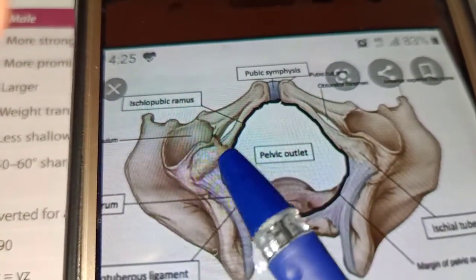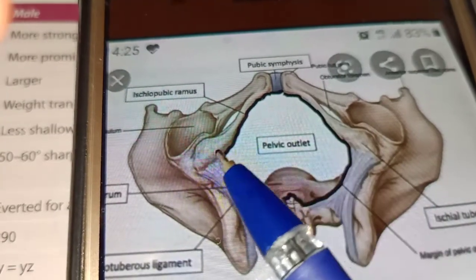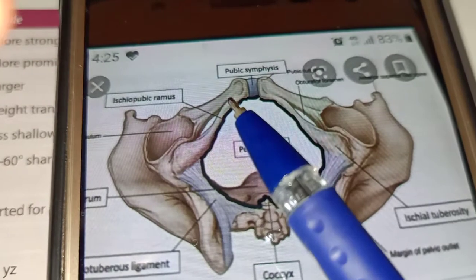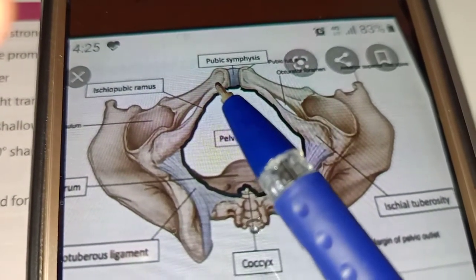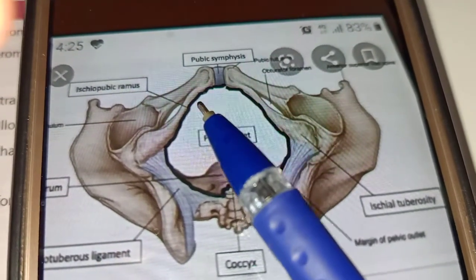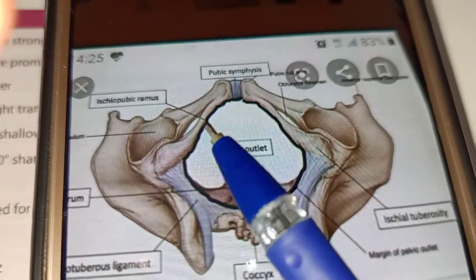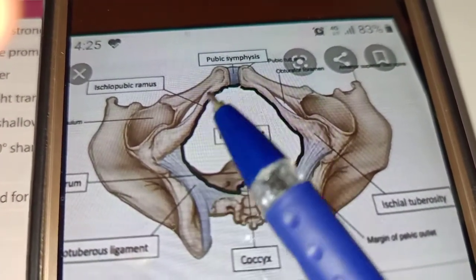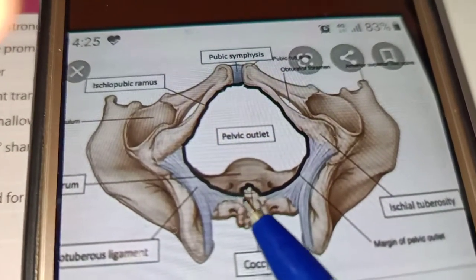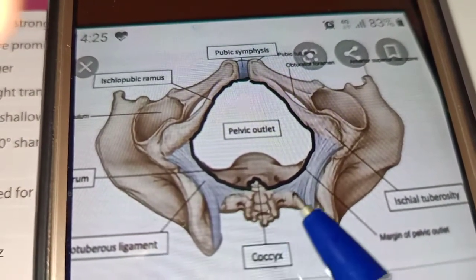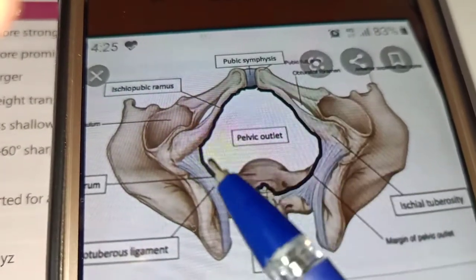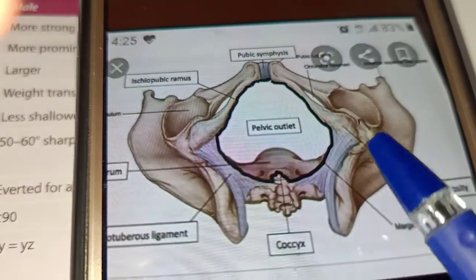On both sides would be the pelvic surfaces of the ilium and the ischium. And behind would be the sacrum and the coccyx. So this is the cavity of the lesser pelvis.